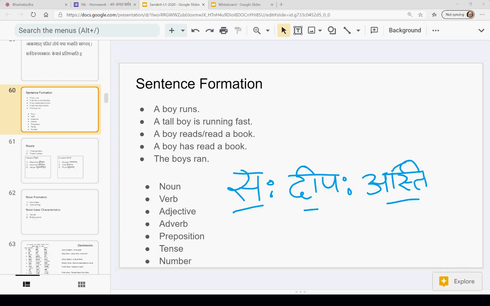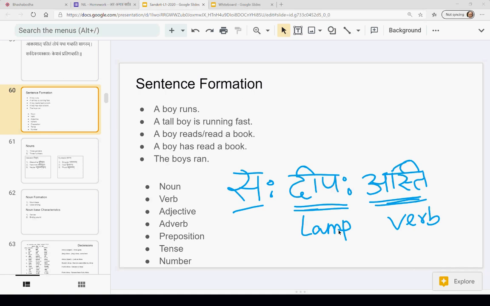That is the lamp, or that is a lamp. So here asti is the verb. Asti means is or exists, and deepaha is lamp. This is the subject. The lamp exists. Lamp is.